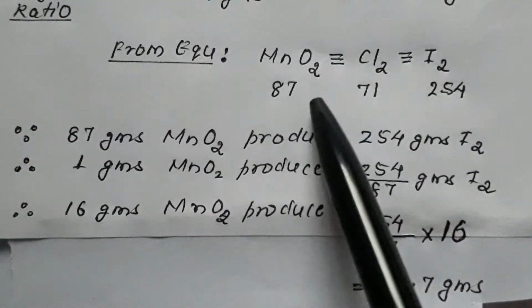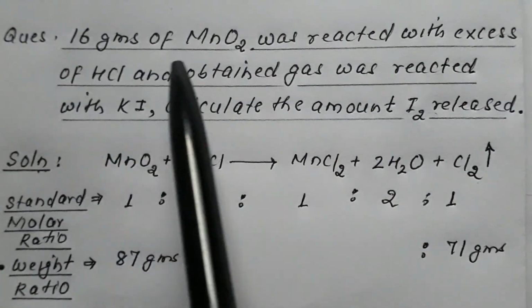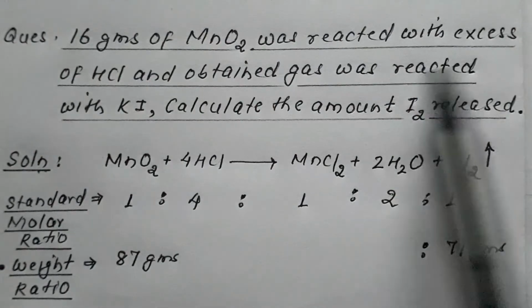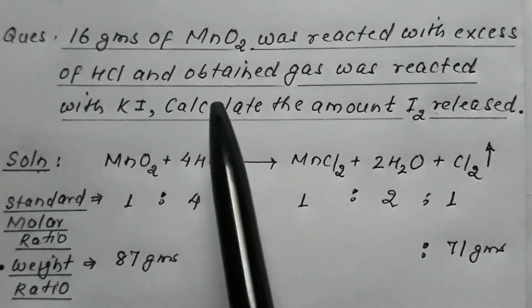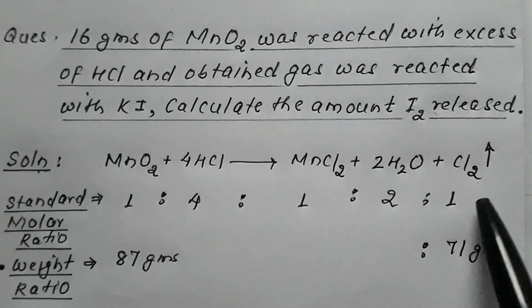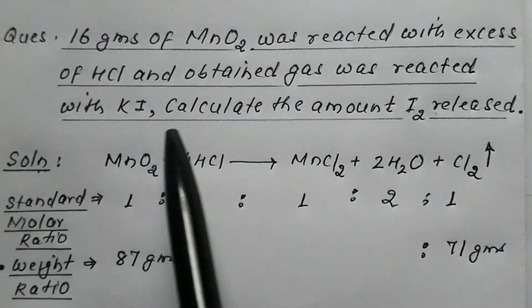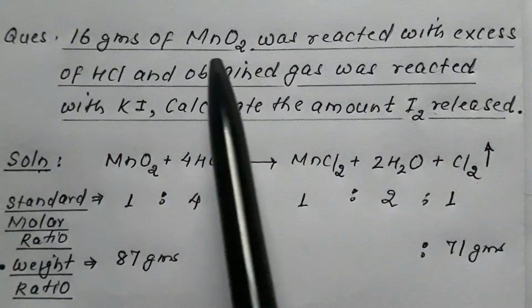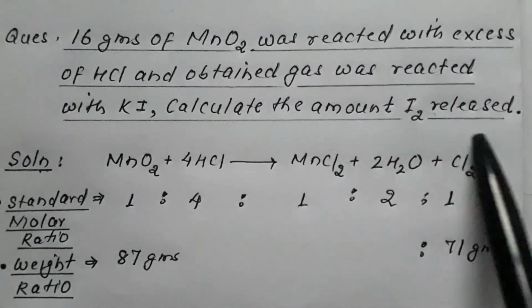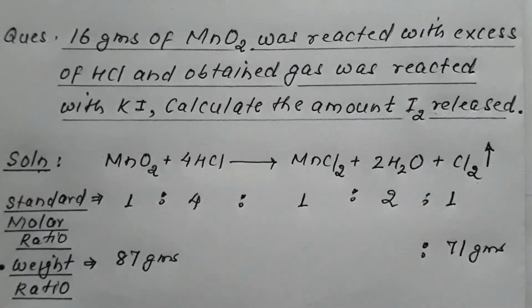Let us see the question again. 16 grams of MnO2 was reacted with excess of HCl, and the obtained gas, which is chlorine, not told but we have calculated, was reacted with KI. Calculate the amount of iodine released. So MnO2 is one component to be considered and iodine is the other. The rest of the components are not to be considered in the calculation.